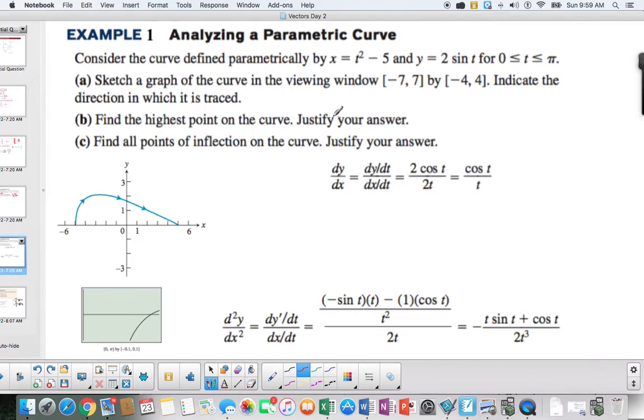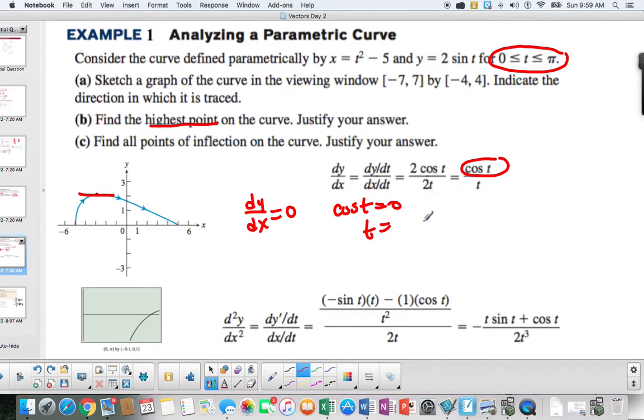So let's go to the next and let's go ahead and find the derivatives dy dt, dx dt. We're trying to find the highest point, which means we're looking for when dy dx is equal to 0. Well, that's going to happen when the numerator is 0, so cosine of t equal to 0. Within the values for t, that's going to be at pi halves.